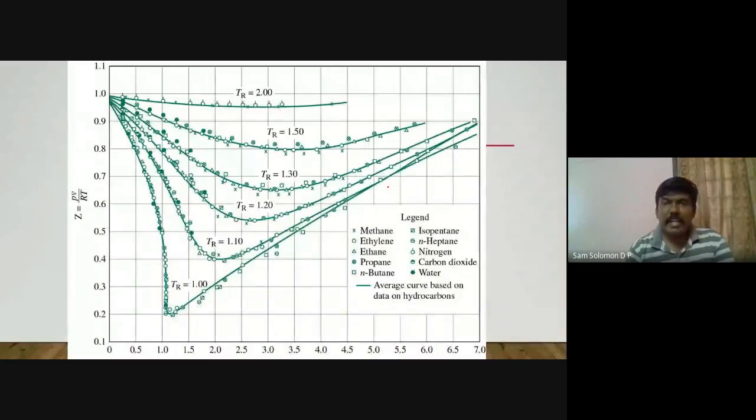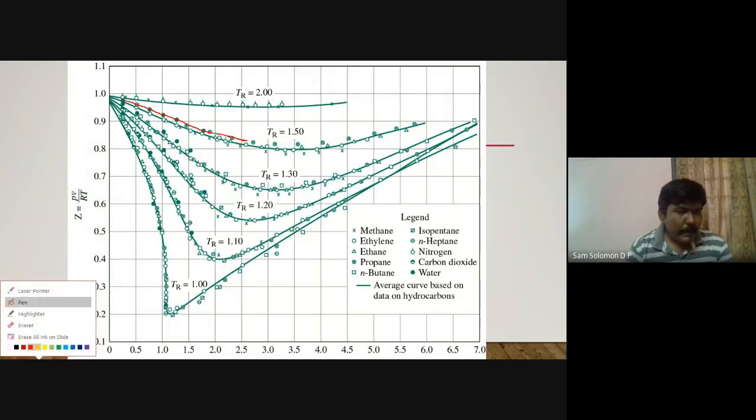The compressibility chart for different substances. See here, for a particular TR equal to 1.5, there is a black dot. If you join all these black dots, you get a curve.